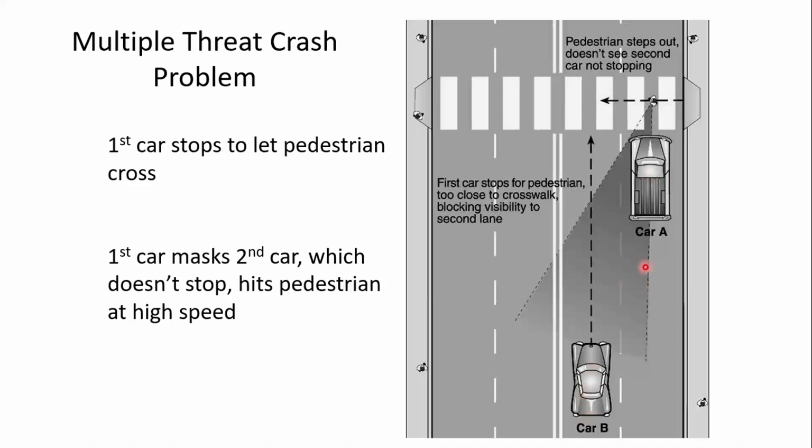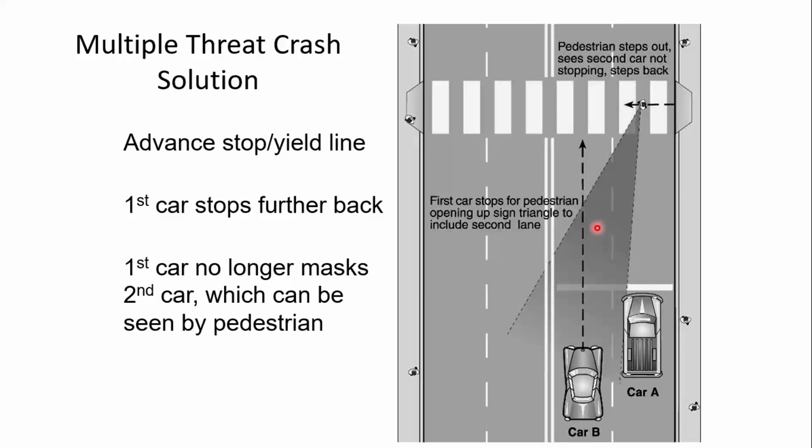But notice in doing that, now this looks like a pickup truck screens car B, which is in the inside lane, or in the lane by the center line, and this driver now cannot see the pedestrian, and it makes it difficult maybe for the pedestrian to see the vehicle, and so the pedestrian and the driver continue moving forward, and in the worst case there may be an impact or a crash, and that's a multiple threat type crash, usually very severe type crashes.